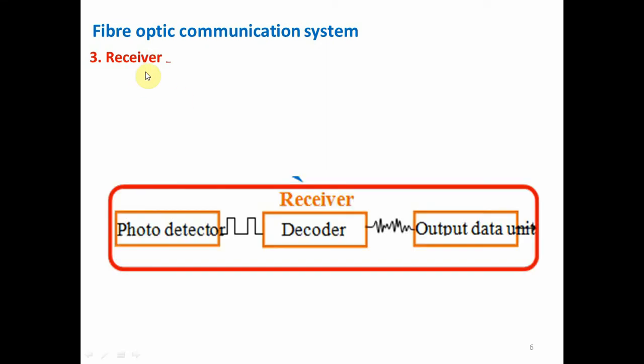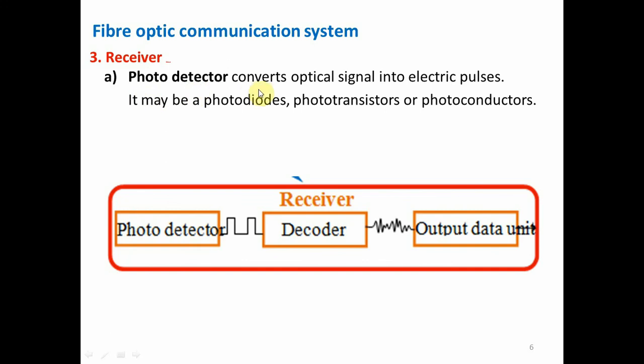Next part, receiver. Receiver has mainly three parts. Photodetector converts the optical signal from the fiber optic channel into the electrical pulses. The photodetector may be photodiode or phototransistor or photoconductor. The detector converts digital pulses into analog pulses.